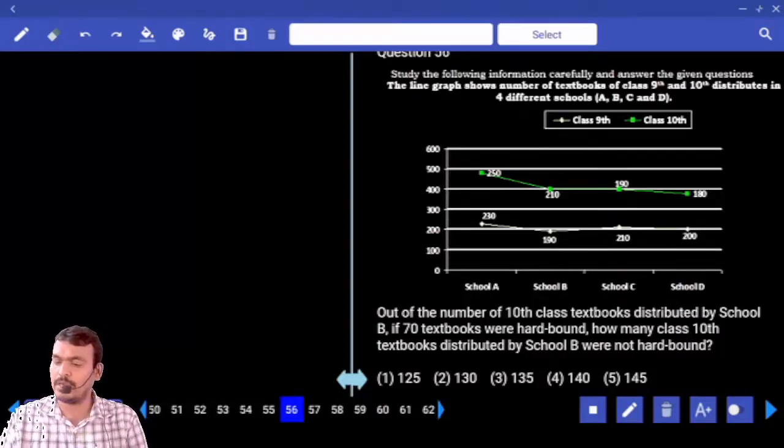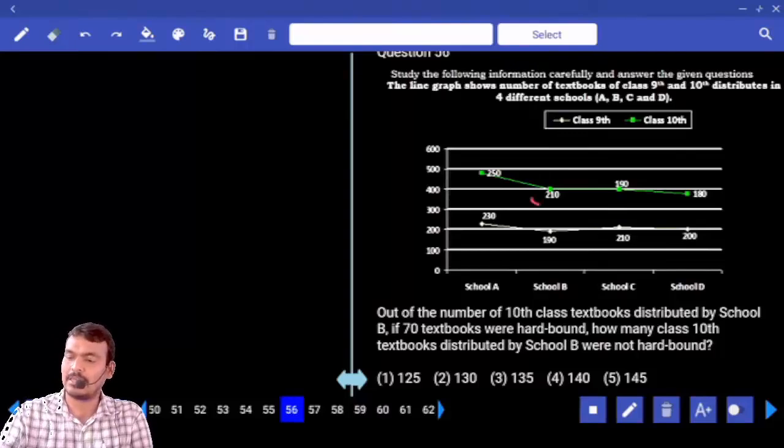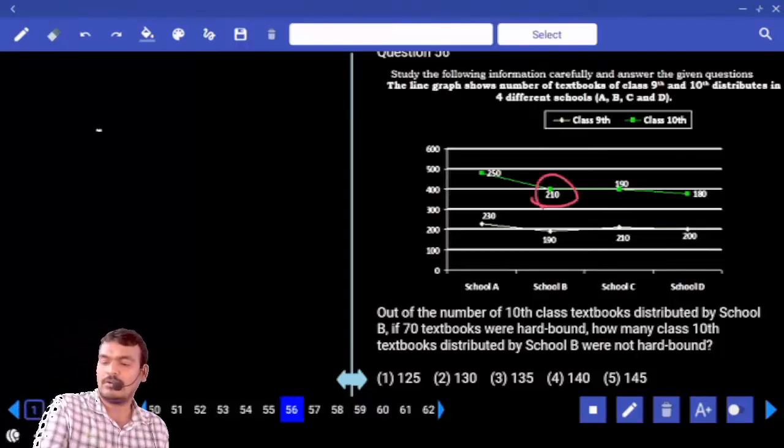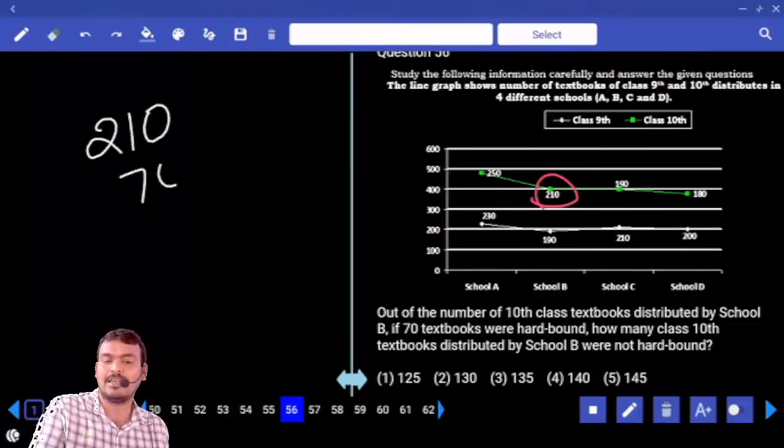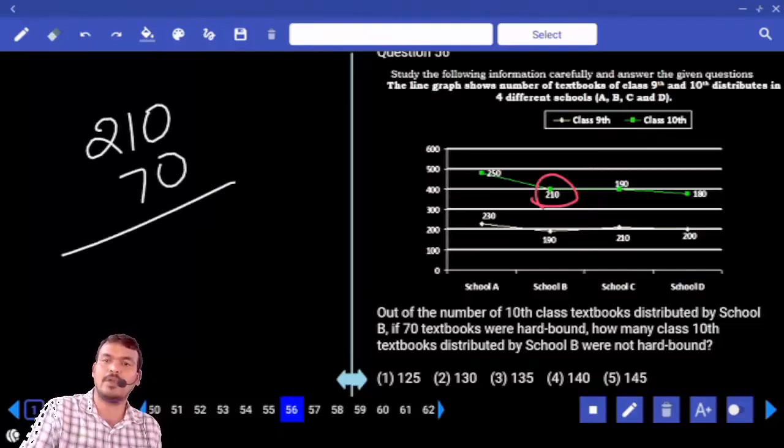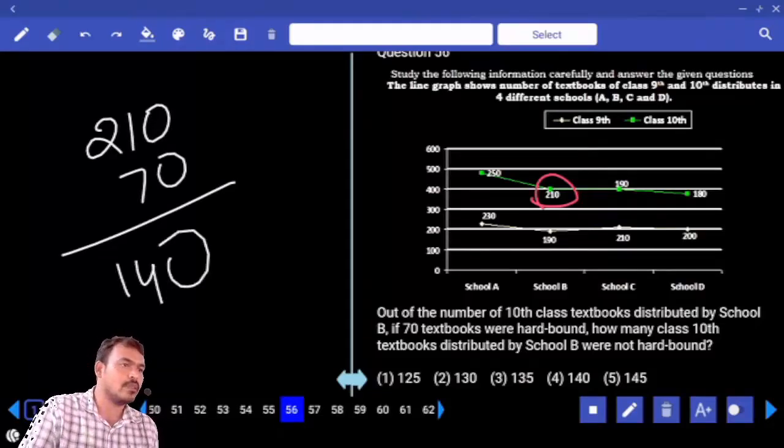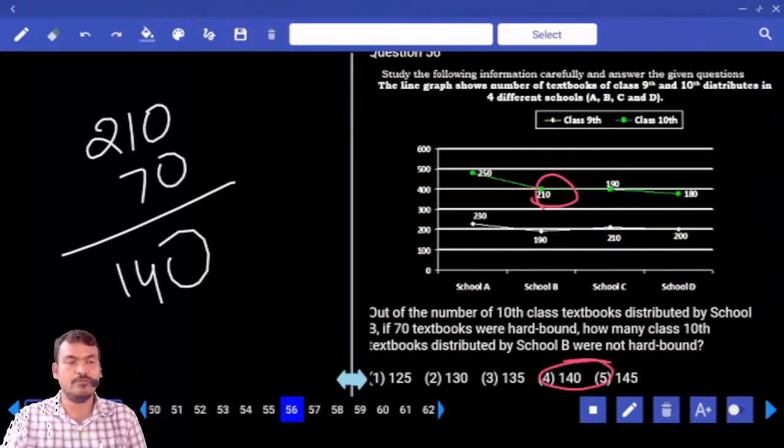First of all, school B, which class? 10th class. How many books total? 210. Out of 210, 70 are hard-bound. Obviously the remaining is 140, or not? What is the answer? 140.